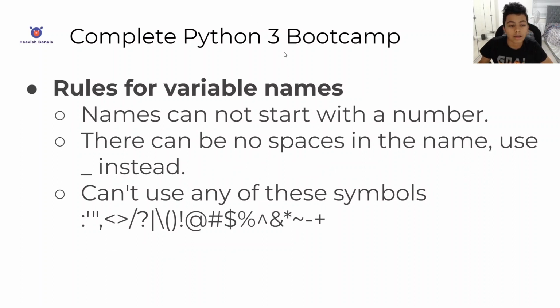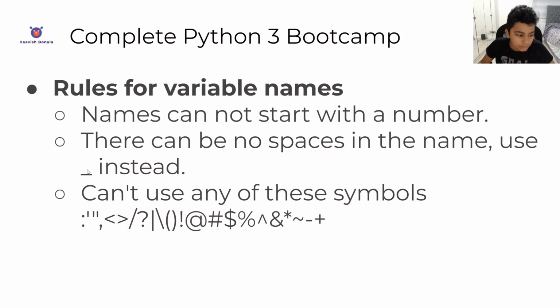Before we begin, we should know that there are some rules for variable names. Names cannot start with a number, so you can't say a variable name is 1number or 3number, so you can't start with a number. And there can't be spaces in the variable name, so you can't say my name is. You can't have any spaces.